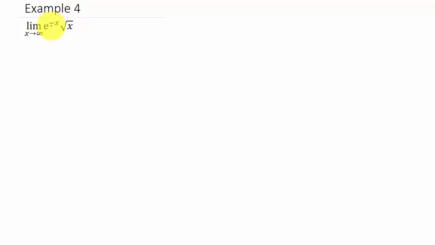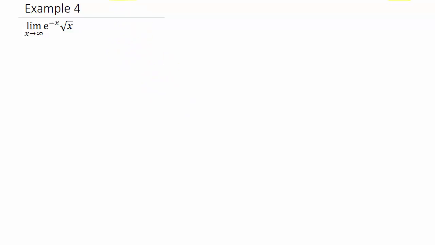But what's e to the negative x doing? Remember, e to the negative x can be written as 1 over e to the x. So as x goes to infinity, this whole thing is going to 0. So we have 0 times infinity. That's an indeterminate form. We can't do that.